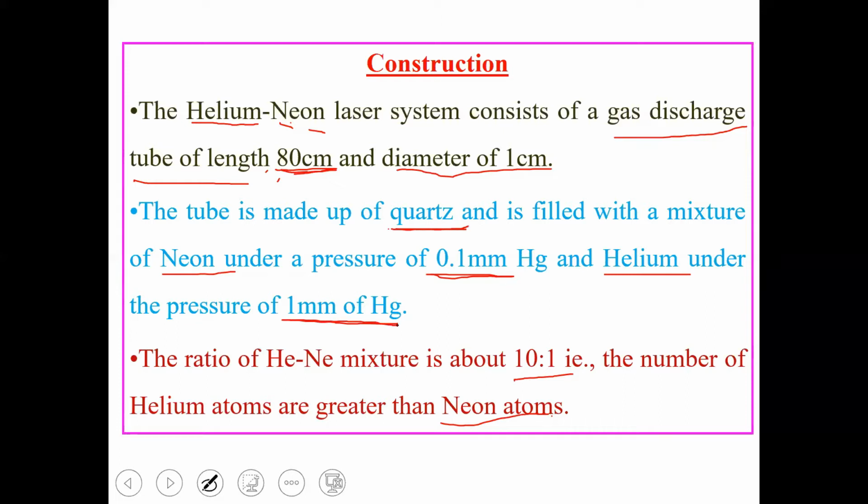Very low pressure means we can fill only a low number of gas molecules. Neon molecules are fewer compared to helium molecules, so the ratio is 10:1 in the quartz discharge tube.